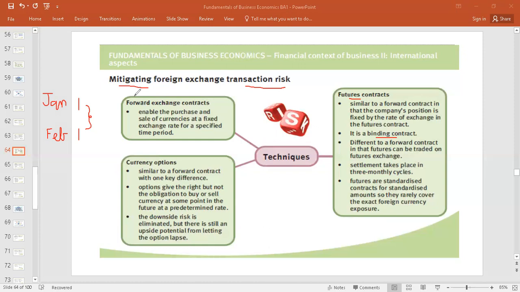The third derivative is called an option. Whoever is the writer of the option, when an agreement is prepared, the one who writes the option is given an option. He has an option to fulfill the agreement, fulfill the contract, but he is under no obligation to complete that.